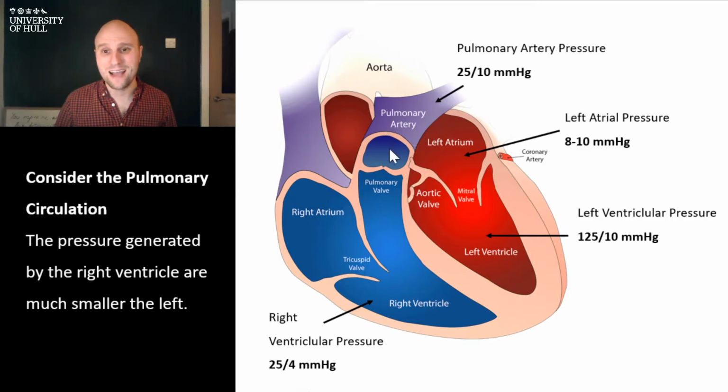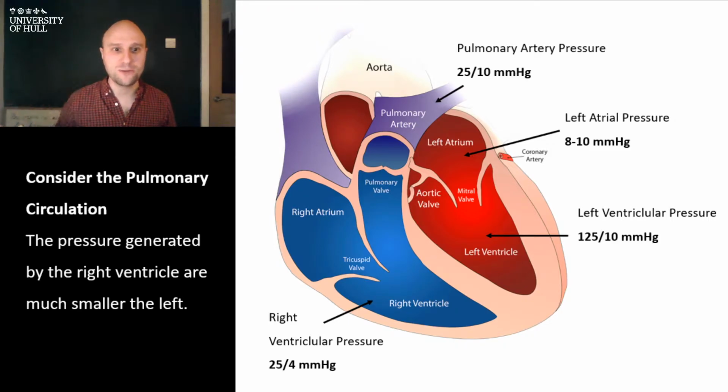That's enough to force blood through the pulmonary valve, through the pulmonary arteries and arterioles and into the pulmonary capillaries. Then again, there are quite low pressures as the blood comes back in through the pulmonary veins and drains into the left atrium, before the left ventricle generates that huge force that it does to pump the blood around the body.